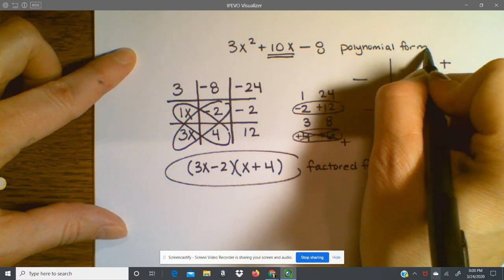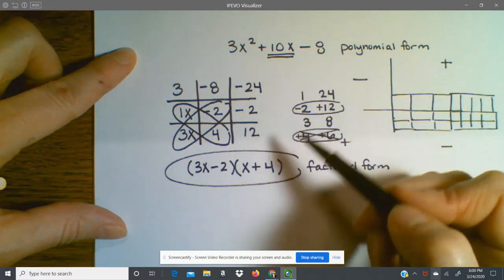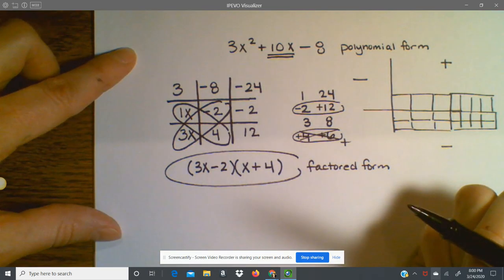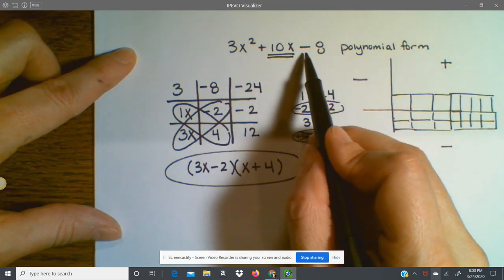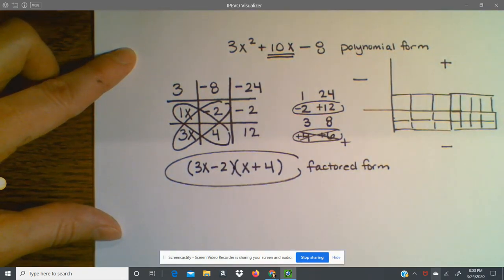Okay, we talked about that as the reversible jacket. So it's exactly the same value. It just takes on 2 different looks. Polynomial form is adding the terms. Factored form is multiplying 2 binomials together.